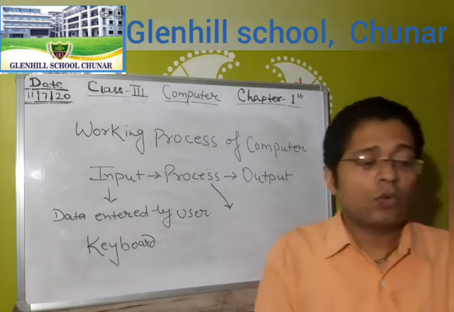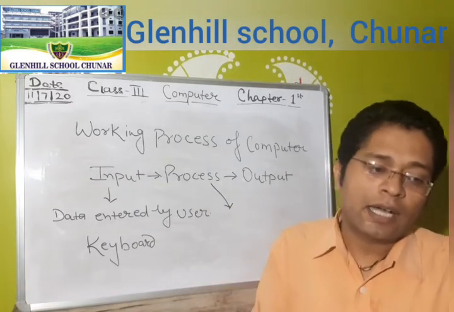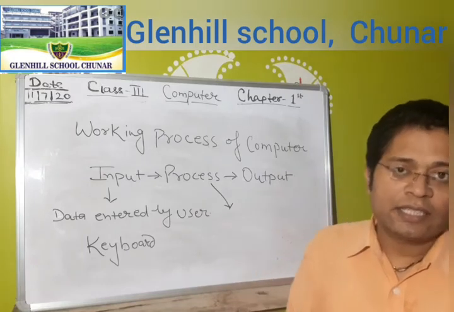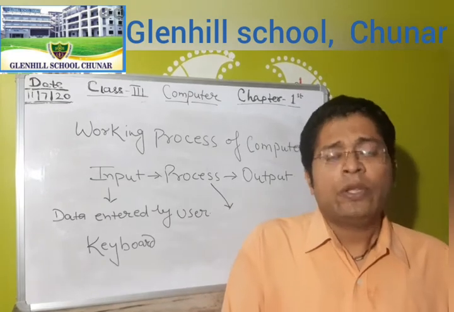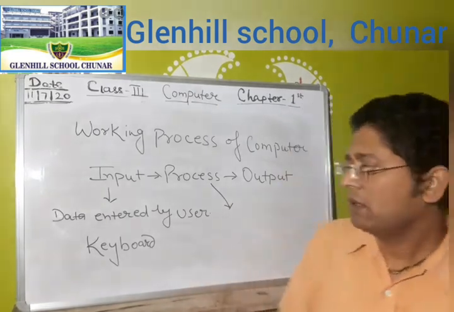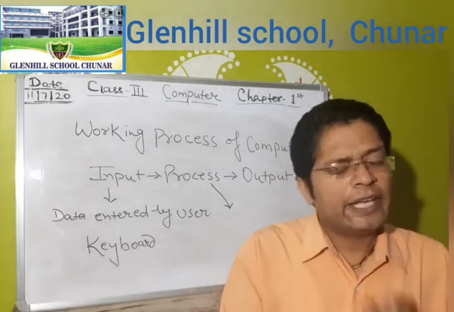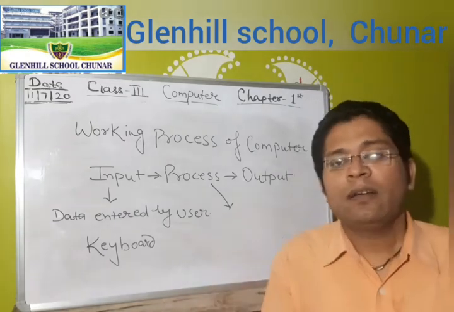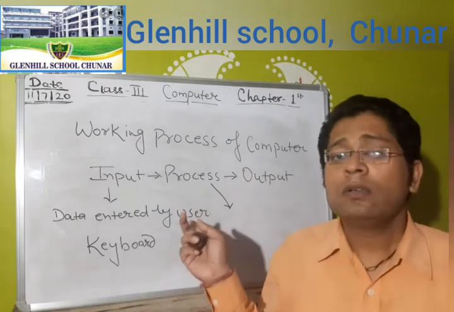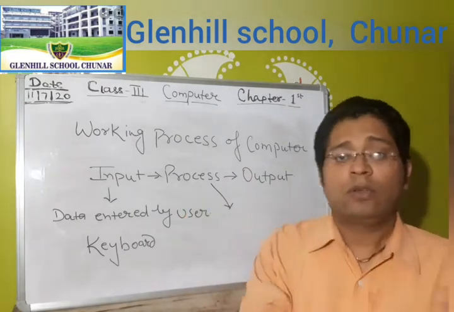And then after that, process. So process is working on the data or instruction given by the user. Okay, student? Suppose you enter any text, any number by the keyboard. So that number goes to process. Okay?